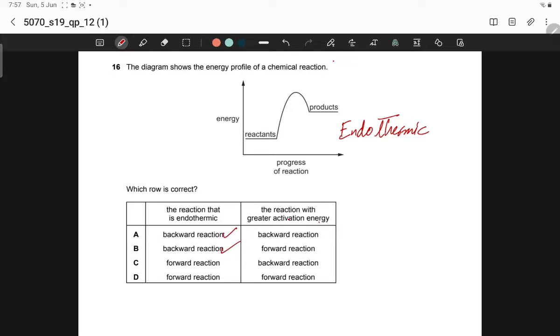The reaction with greatest activation energy. Backward reaction, forward reaction.